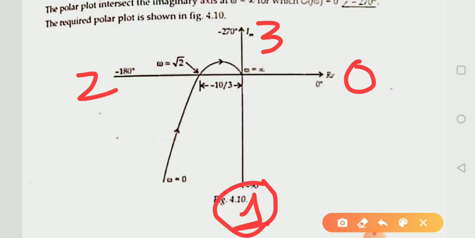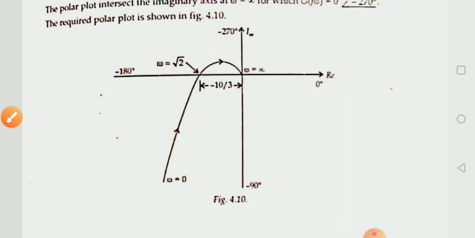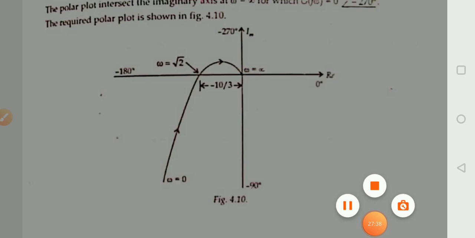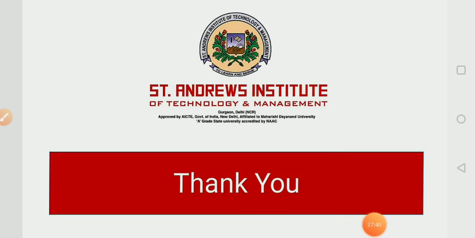Okay, type 1. Now order is first, second, third and fourth. So here the order is third, so it is ending with the third order system. So our graph is right. So these are the examples for the polar plot. Thank you.